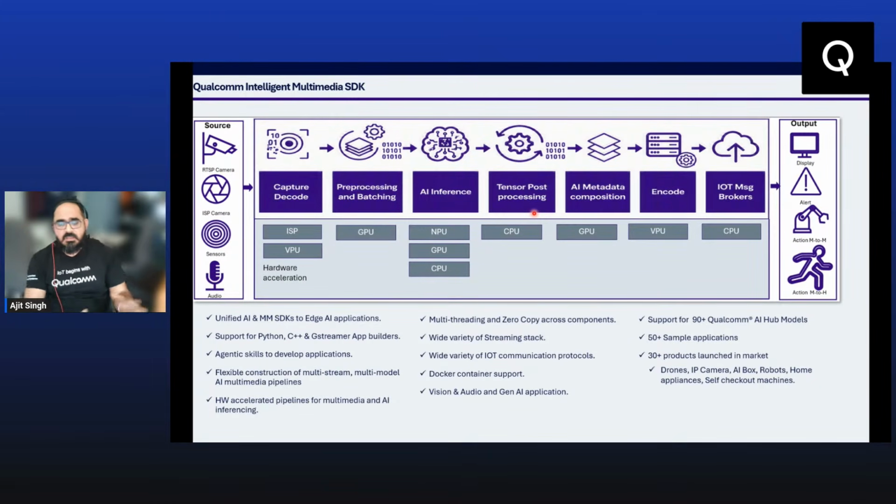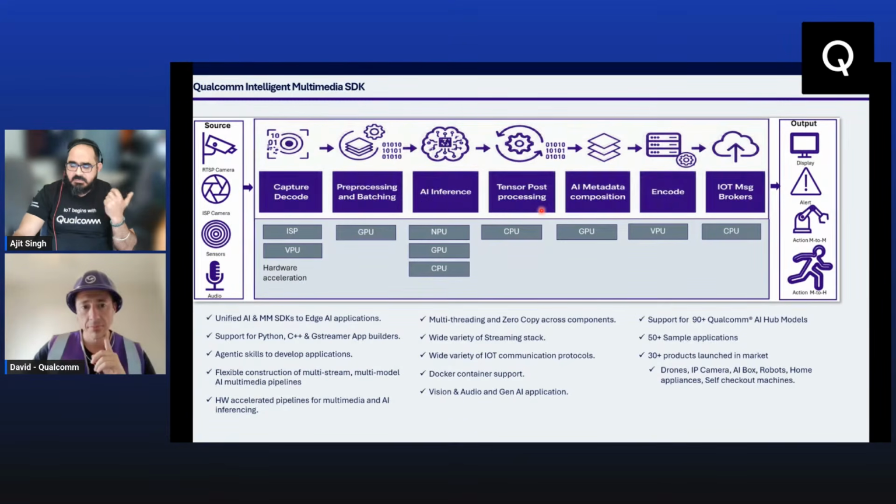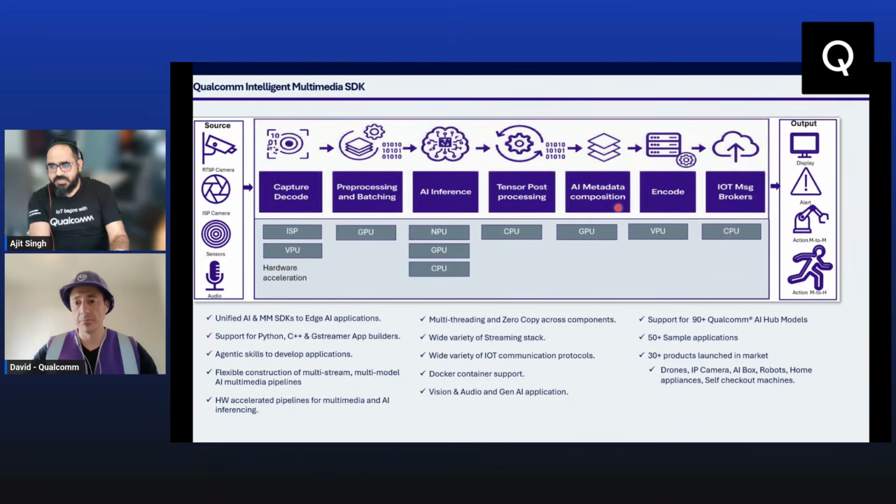Means you are running an algorithm where you are interpreting those tensors into meaningful data. That meaningful data could be a bounding box, it could be your classified labels, or it could be simple embeddings, right?